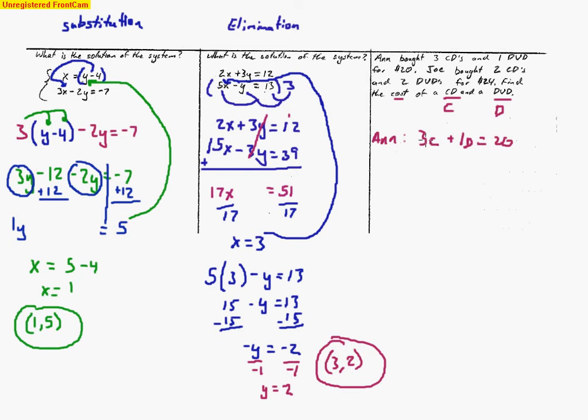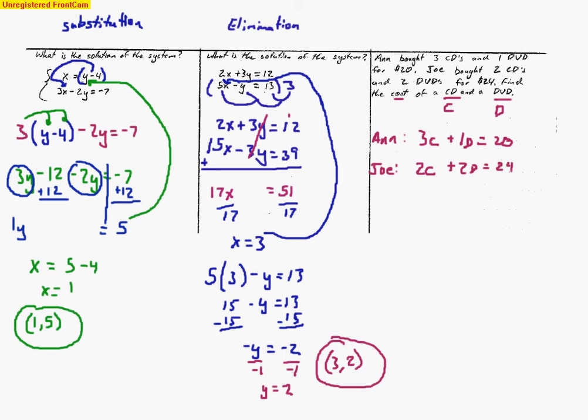So 3 times the cost of the CDs, plus 1 times the cost of the DVDs, totaled $20. Well, that's Ann's equation. Joe's equation. Well, Joe had 2 CDs, so 2 times the cost of a CD, plus 2 DVDs, 2 times the cost of a DVD, equals $24.